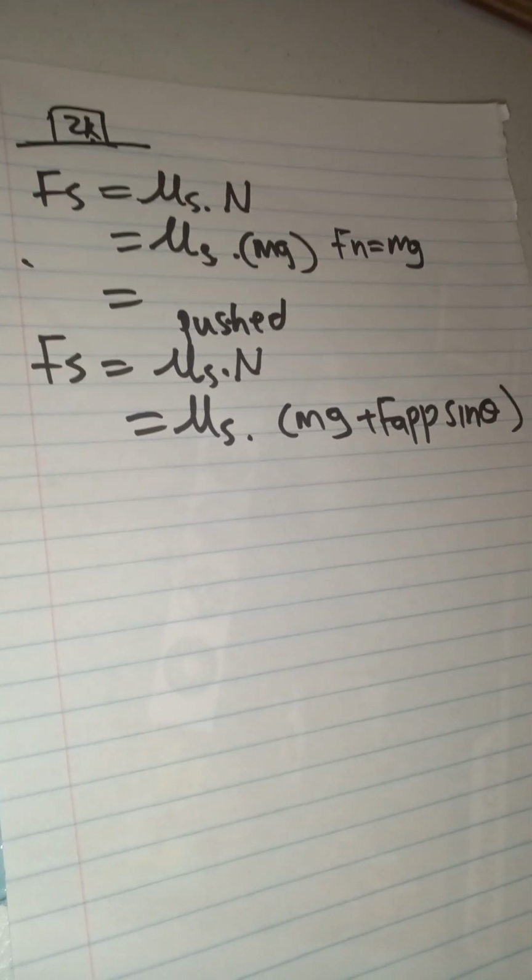Okay, now since we know how we must do things, let's go to the kinetic frictional force. The kinetic frictional force is applied when the object is in motion. It opposes motion.